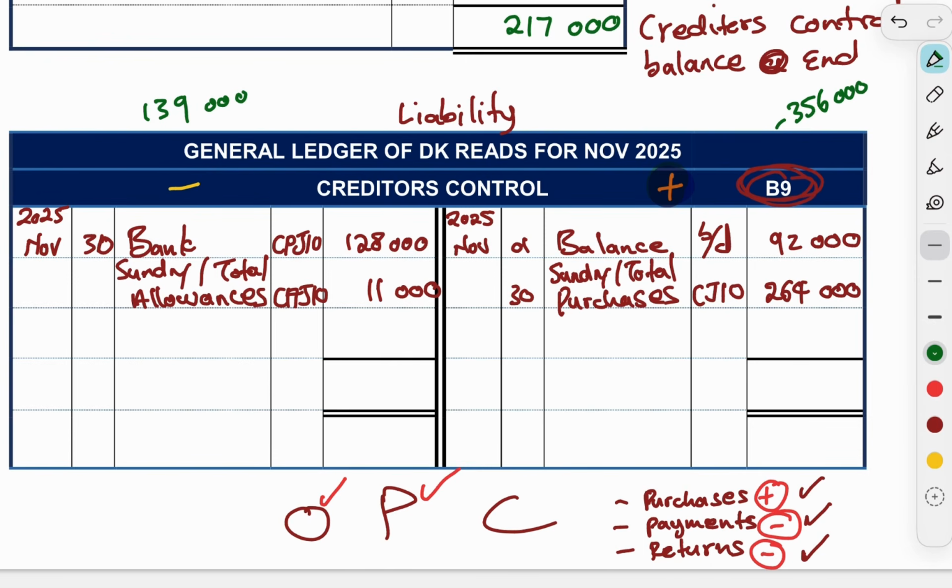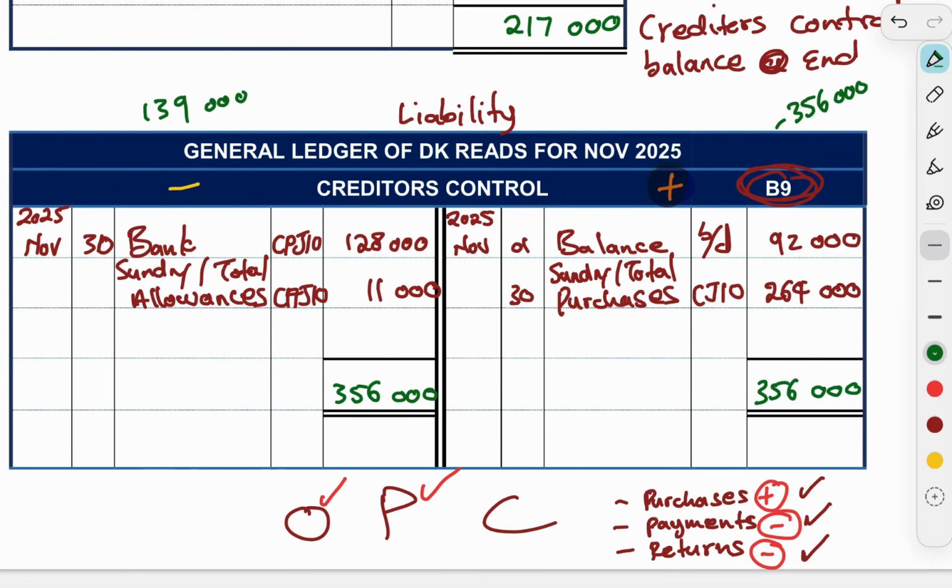Okay, so we can see that the credit side is bigger than the debit side. Okay, so let's close. So you always balance the smaller side to make it the same as the bigger side. So what am I saying? I'm saying that you always take the total of the bigger side and enter it on both sides.